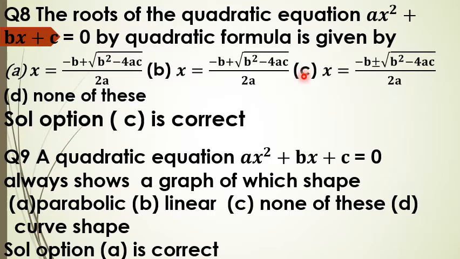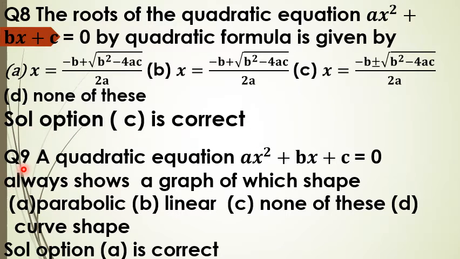So our option C will satisfy our answer, that is x equals minus b plus minus under root b square minus 4ac upon 2a. Here b square minus 4ac is the discriminant of the quadratic equation. So here in the solution option C is correct.